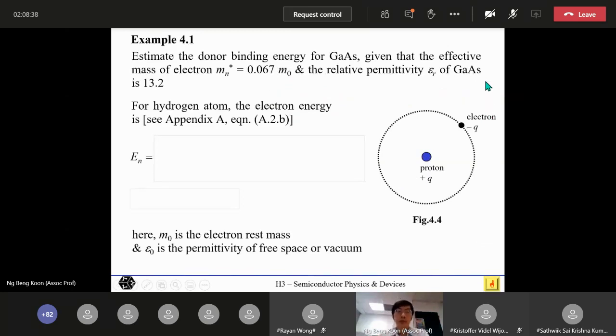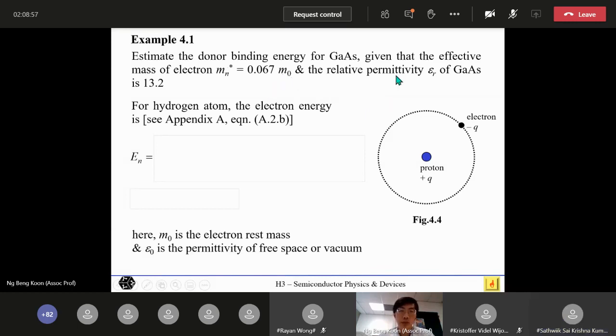So, let's do an example to see how we can estimate the donor binding energy for gallium arsenide by considering the hydrogen-like atom case.